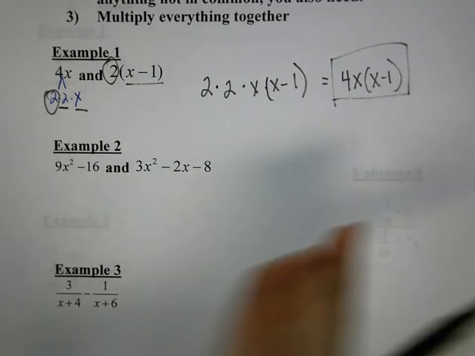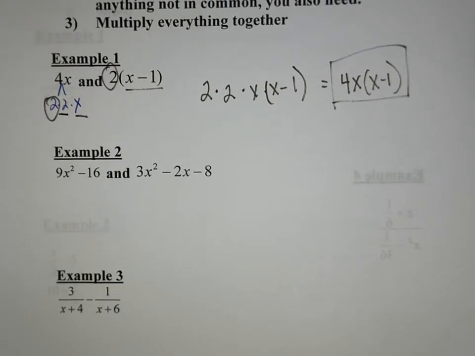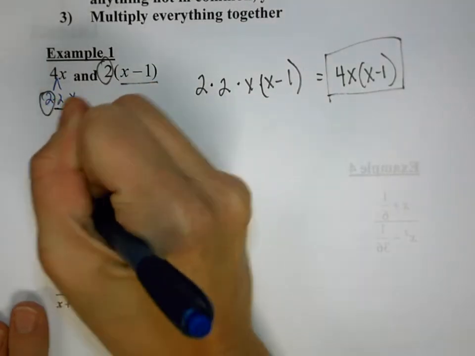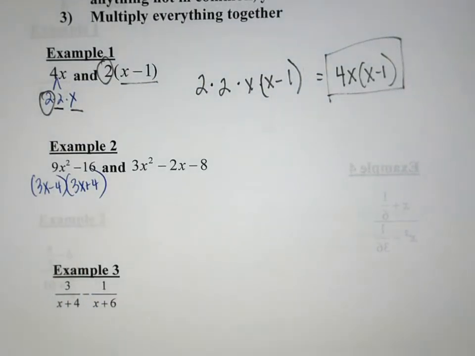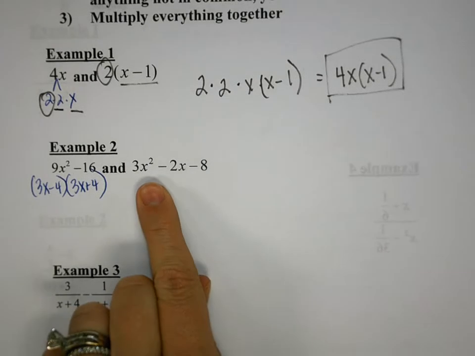So you want to factor both of these out. So what can 9x squared minus 16 factor to be? Good. 3x minus 4 and 3x plus 4, because that is a difference of squares. Now for 3x squared minus 2x minus 8, how will I factor this one?